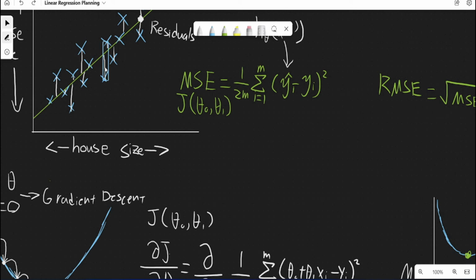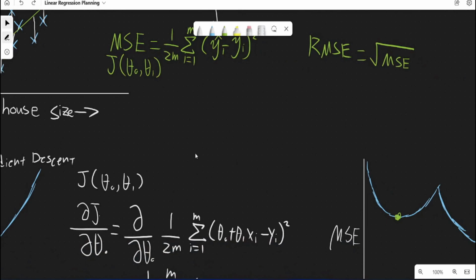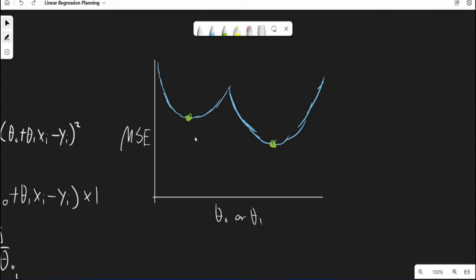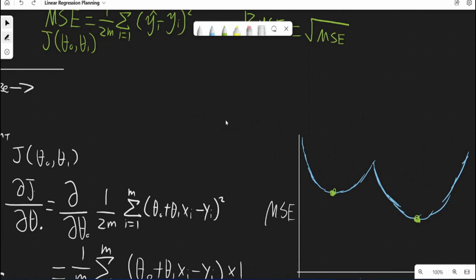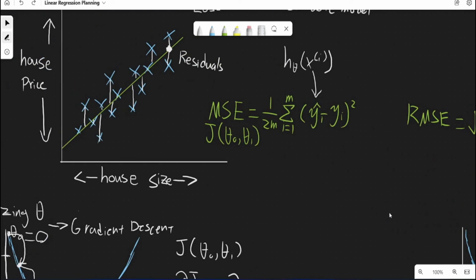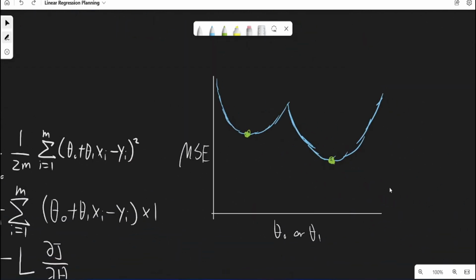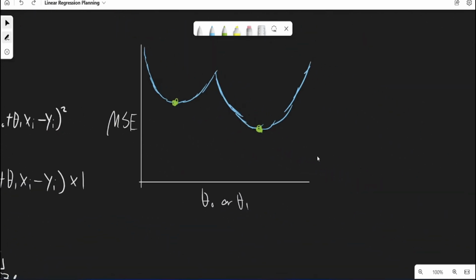And then it calculates the derivative at that point, and then it calculates the new values. This causes randomness, which makes it more likely that we're able to find the global minimum. And you can also use something called mini batch stochastic gradient descent, which takes a group of points instead of a single point. It's super useful.